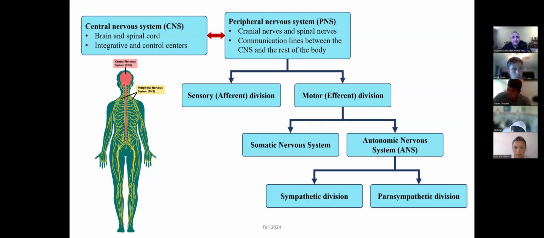So the central nervous system is located in the skull and in the spinal column. But outside the skull and outside the spinal column, whatever nerve we see, whatever nervous tissue we see, is part of the peripheral nervous system, PNS. The central nervous system is abbreviated as CNS. And again, this is one of the abbreviations that is more famous than its full words.